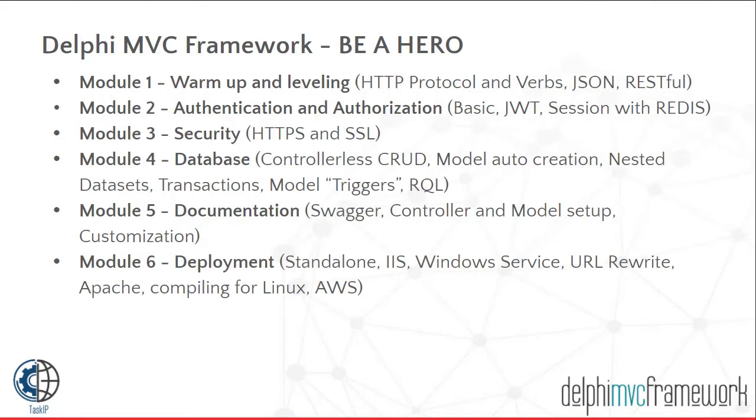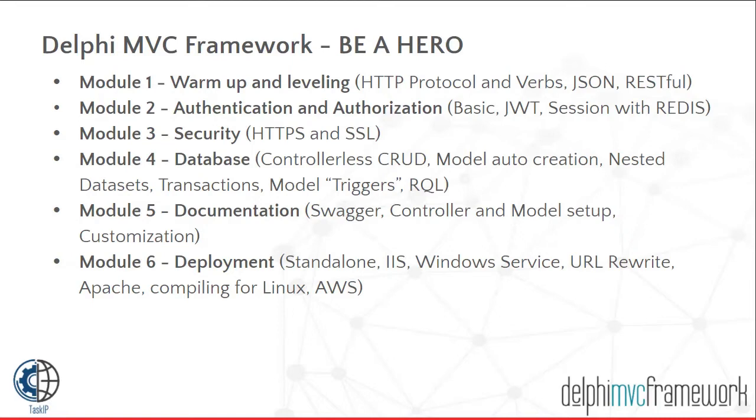On module 6, we will talk about deployment. And here, yes, we will talk about the standalone application, like the one we are making until now. We'll talk about how to deploy in an IIS server. We'll talk about how to deploy your application as a Windows service.